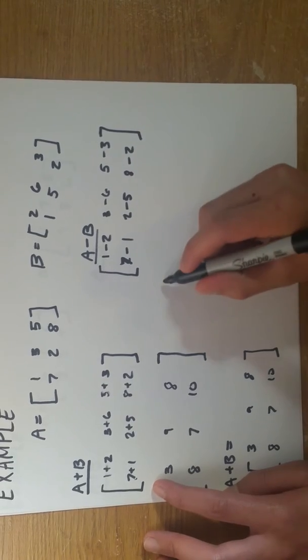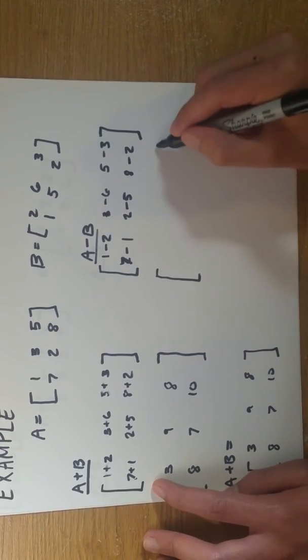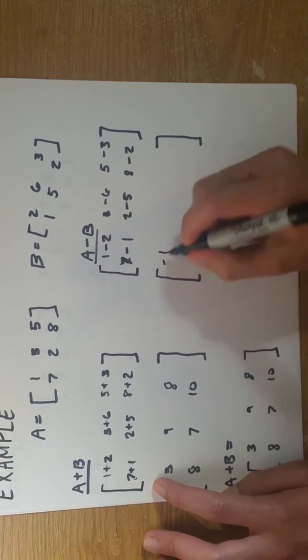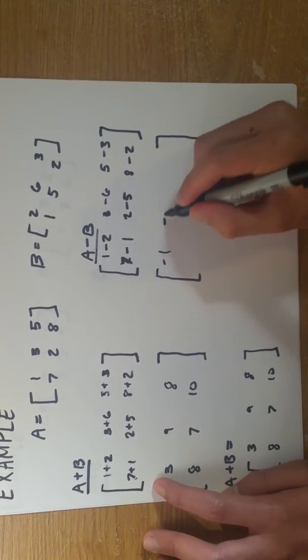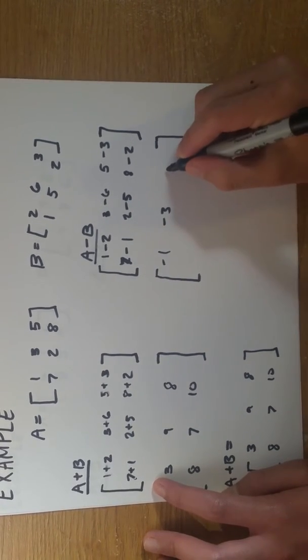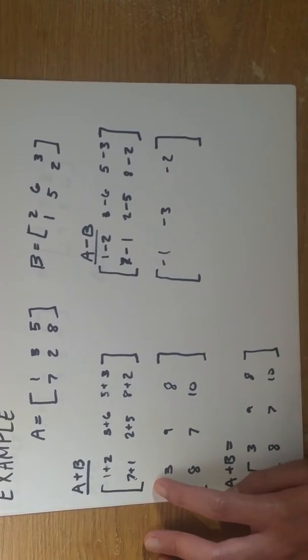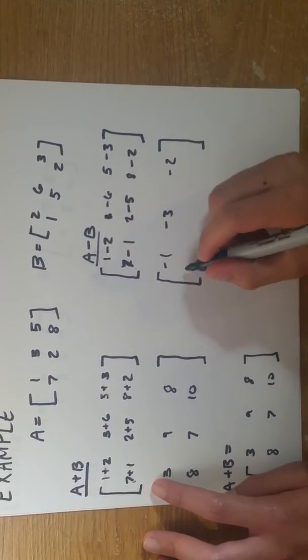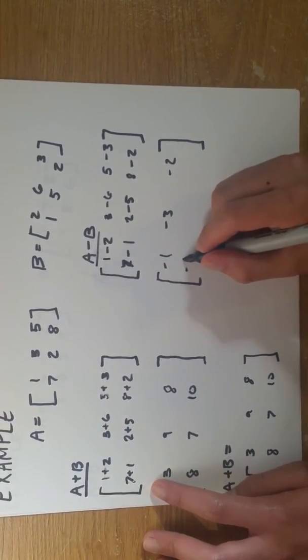Now it's just simple subtraction, basically. So 1 minus 2 is negative 1, and 3 minus 6 is negative 3, and 5 minus 3 is 2. Oh, sorry. And then 7 minus 1 is negative 6. Oh wait, my bad. Just 6.